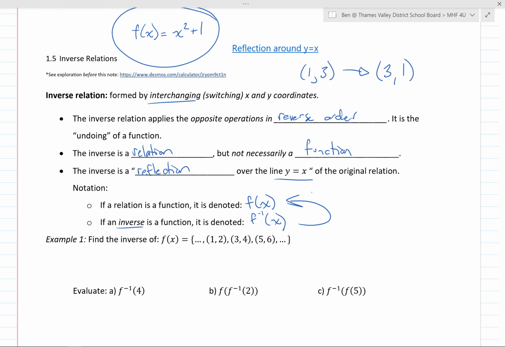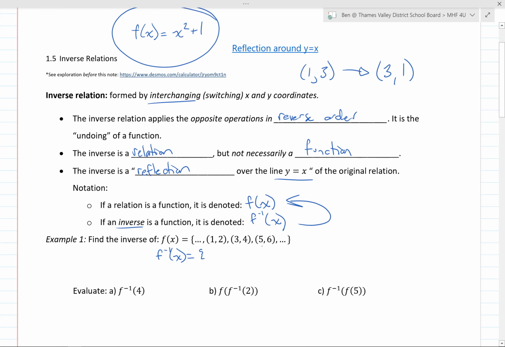Now, first off, let's try and find the inverse of this function here. We're not given a particular equation. We're given a set of ordered pairs. So the inverse function can be given by, again, interchanging our x and y coordinates.